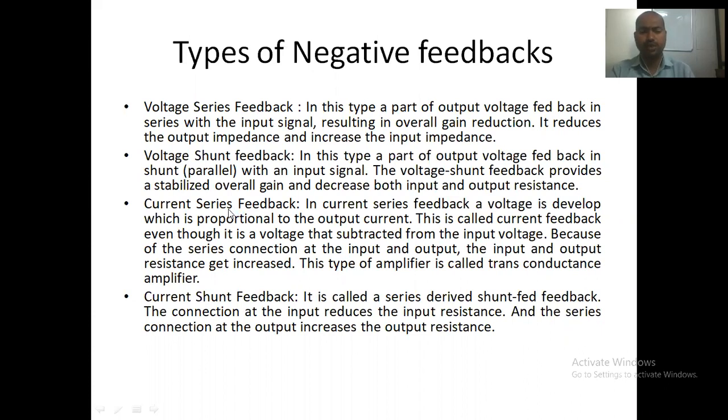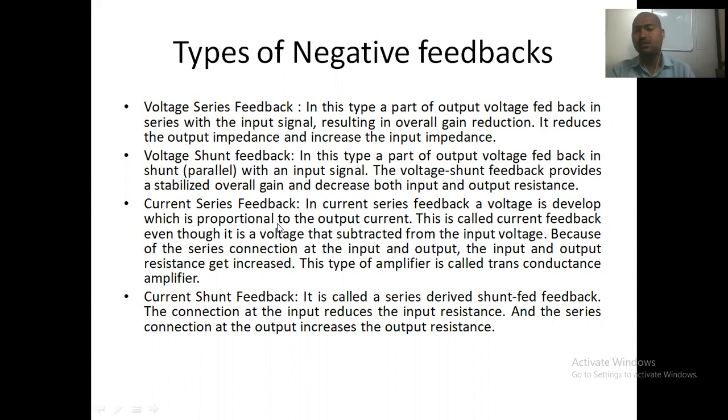But when the output of current series feedback is a current, it is not possible to subtract it with respect to the input. That's why it is changed with respect to current, but it is basically a voltage. The input of your amplifier is a voltage, and the output of your amplifier is also a voltage, not a current, proportionally a voltage.